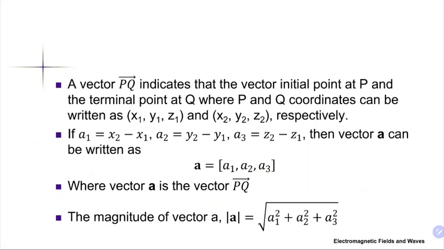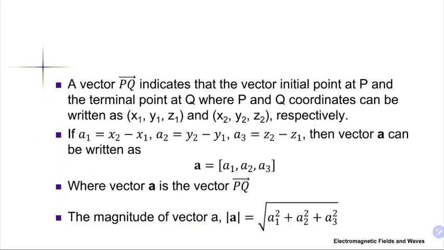Okay, so a vector PQ indicates that the vector initiates at a point P and terminates at point Q, where P and Q are coordinates within my three-dimensional coordinate space.